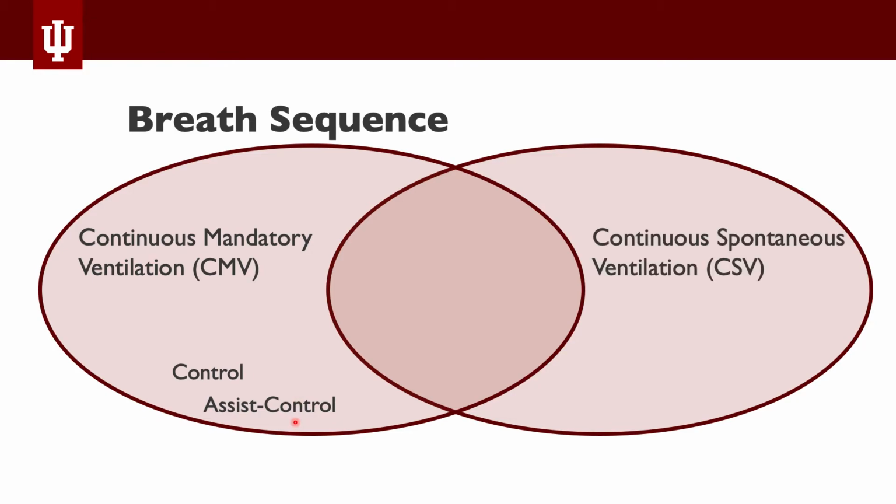And then on the other end of the spectrum, we have continuous spontaneous ventilation. You'll hear this called just simply spontaneous mode or support mode. And in between, we have this weird thing called intermittent mandatory ventilation. Sometimes you'll hear it called synchronized intermittent mandatory ventilation, or SIMV.